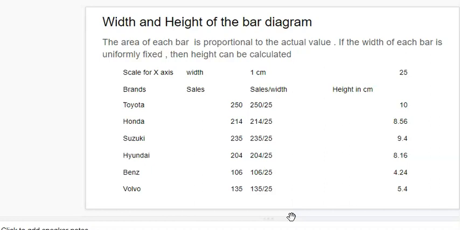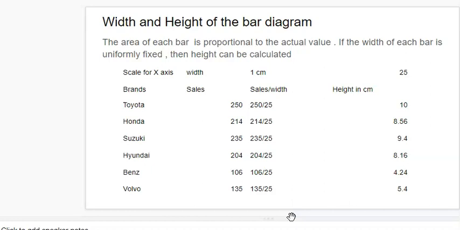Here I have taken a scale: 1 centimeter equals 25 units, or 25 cars. The area of each bar represents a shape, and these are all rectangles. The area of a rectangle is length into breadth, so if we fix the breadth, we can automatically calculate the height or length.